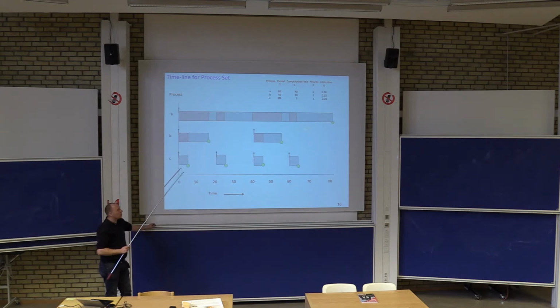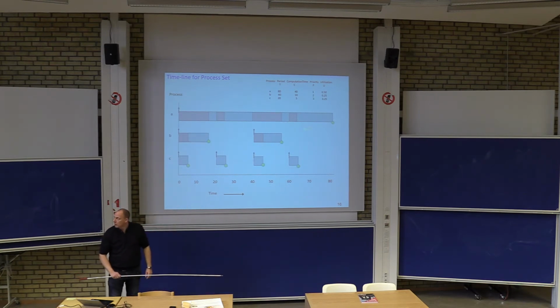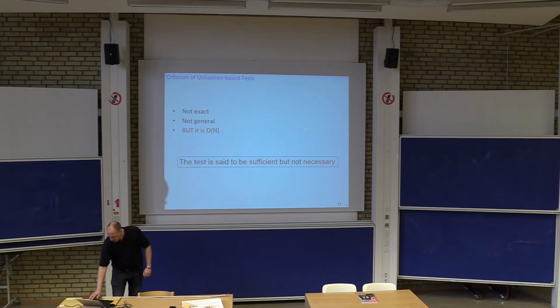But this analysis will also be done under the assumption that you have no locks between the different tasks. So I think we take the break now, and then we start this analysis after the break.